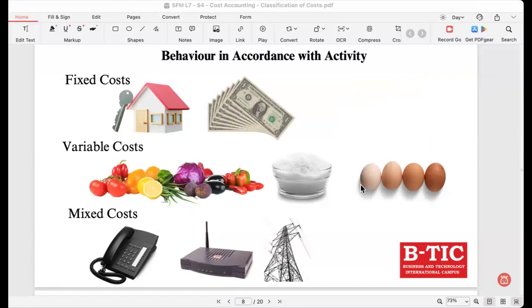Next, we have variable cost. Variable cost is a friendly person. What does that mean? When things around this person change, he or she will adapt to the changes. Variable costs are those costs that vary directly and proportionately with the output.